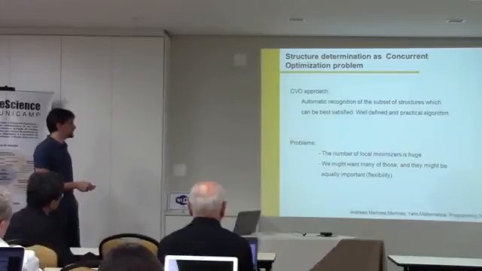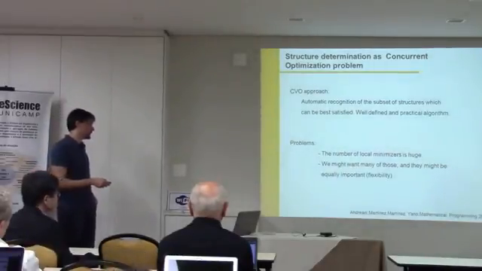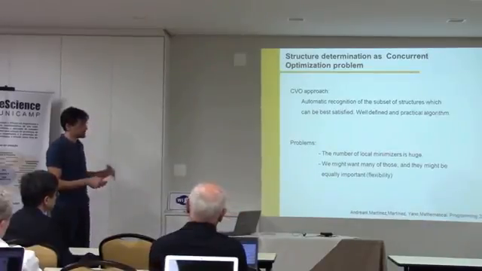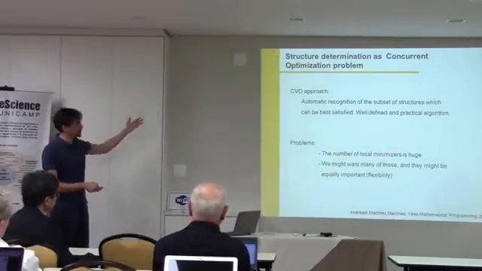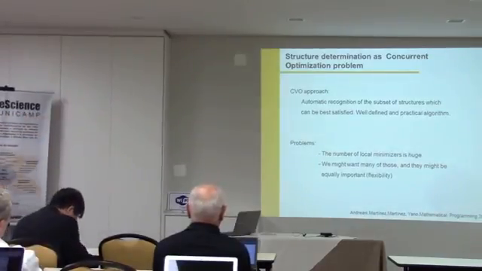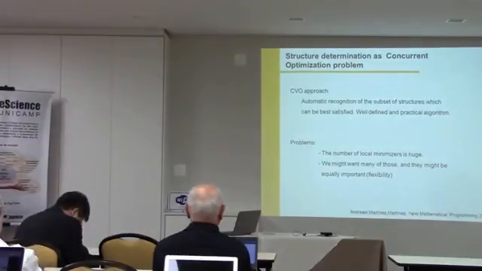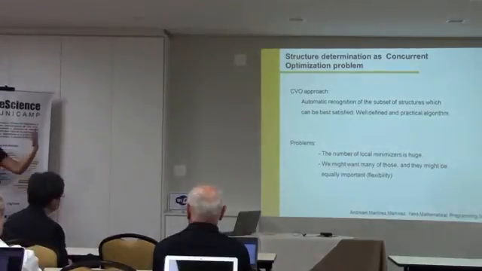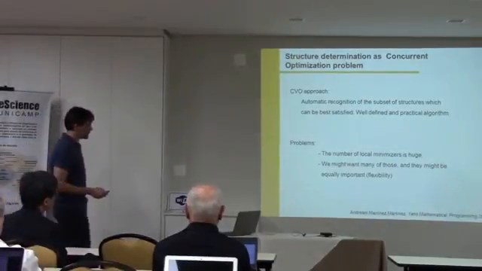The problem here is that the number of local minimizers is huge, so we have to apply global optimization strategies on top of this optimization method. And also we might want many of those local minimizers, because they may represent the possible fluctuations of the structure in some cases.